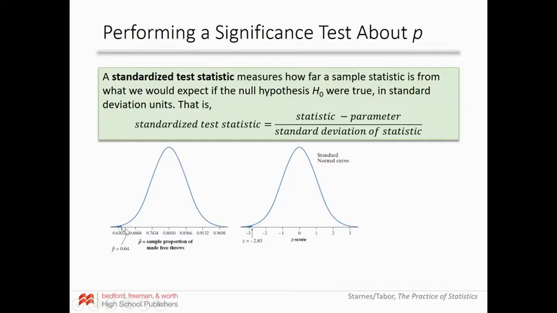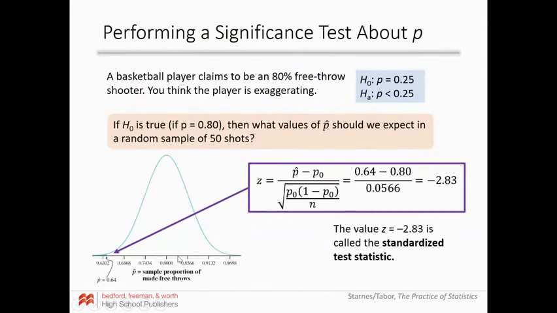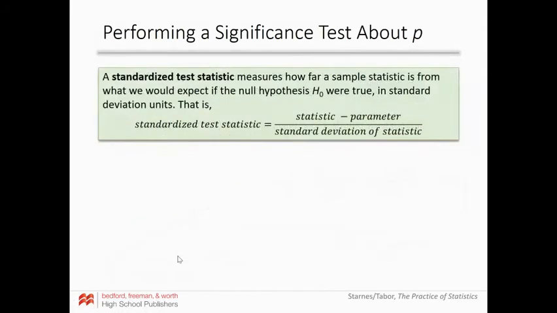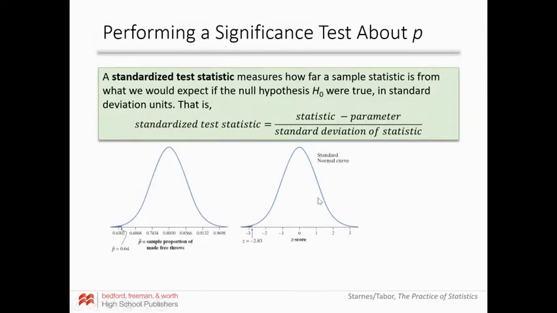So the left-hand side is if we were finding the normal distribution where our mean is 0.8 and our standard deviation is 0.0566. The right-hand side looks very similar. The only difference is what the mean is and what the standard deviation is. So the z-score is the standard normal curve.